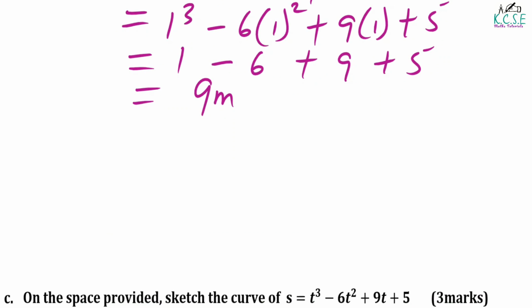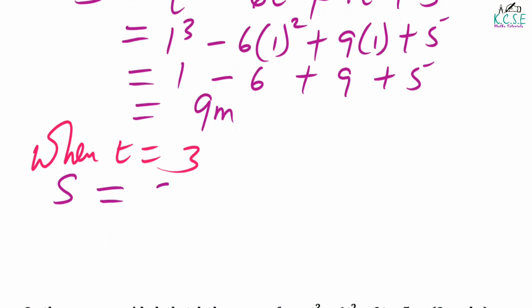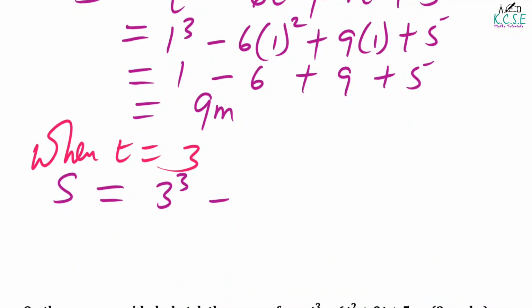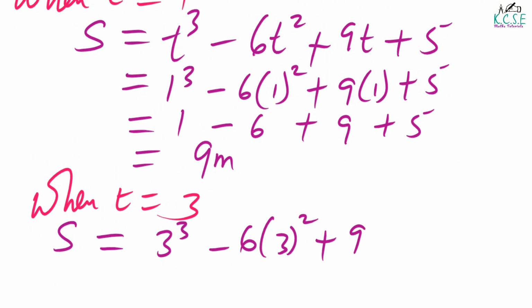So what about when t is equal to 3? When t is equal to 3, we just need to do the same thing. We substitute into the expression for s, which is 3 cubed minus 6 times 3 squared plus 9 times 3 plus 5.